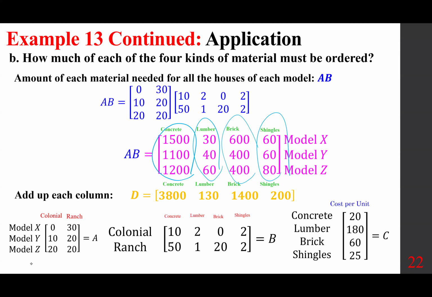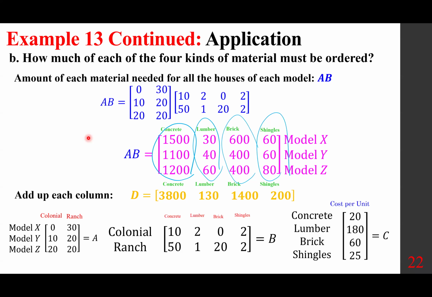So these 3,800, 130, 1400, 200. The total amount for each case is found in this manner.